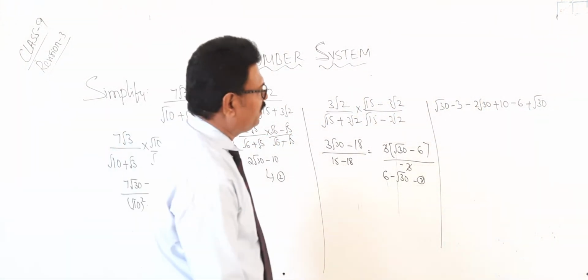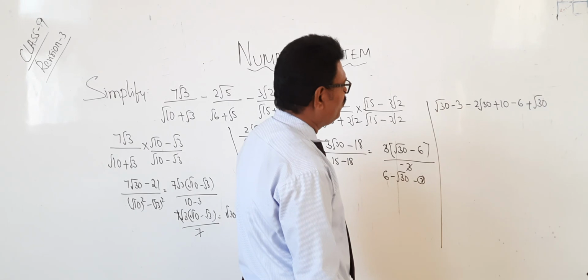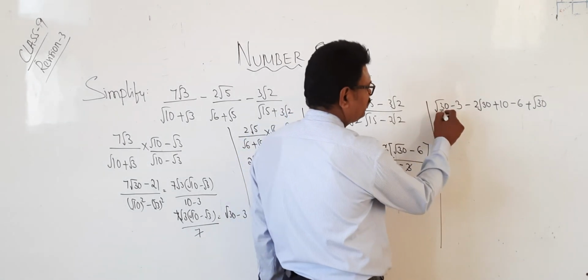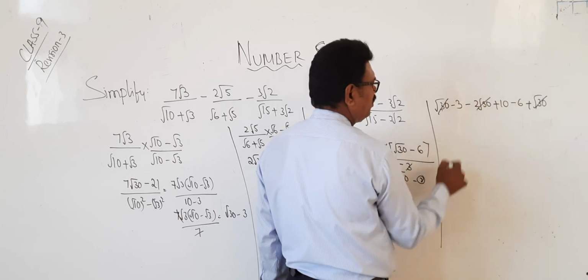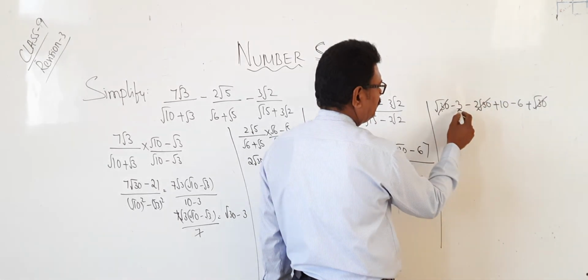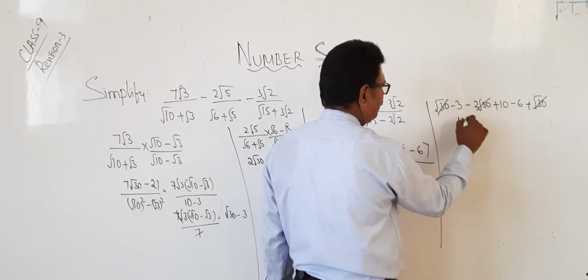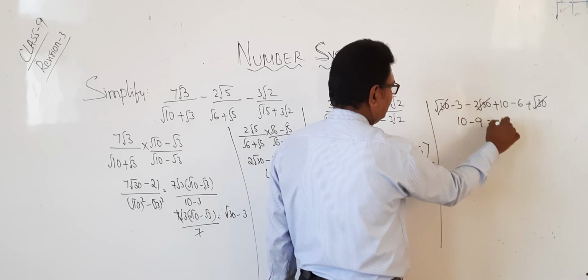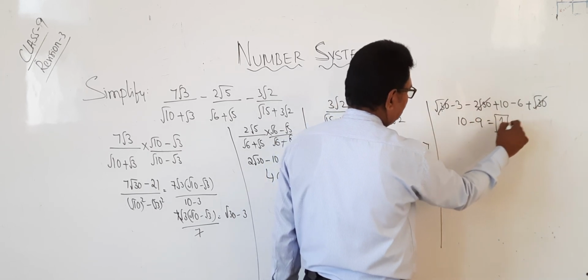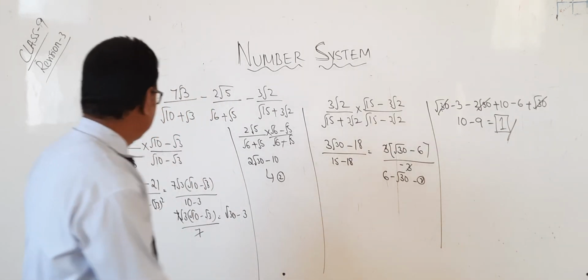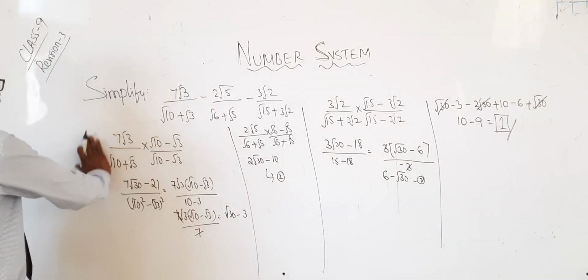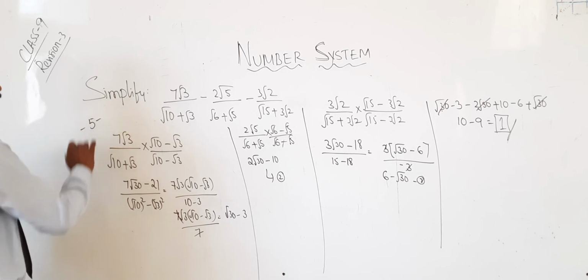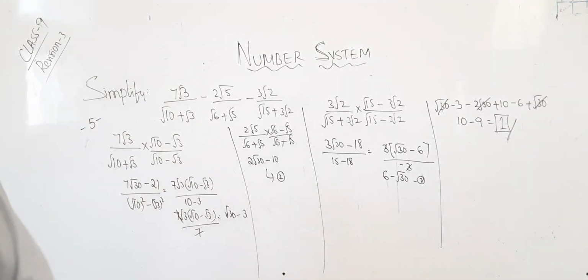Okay na? Now, how many root 30 are there? This root 30, root 30, root 30, 2 root 30s and 2 root 30 gone. Here, 10 minus 9, what is the answer? Yes. So this is a like this answer, and it will be for 5 marks question. It will be a 5 marks question. Okay na? Take down.